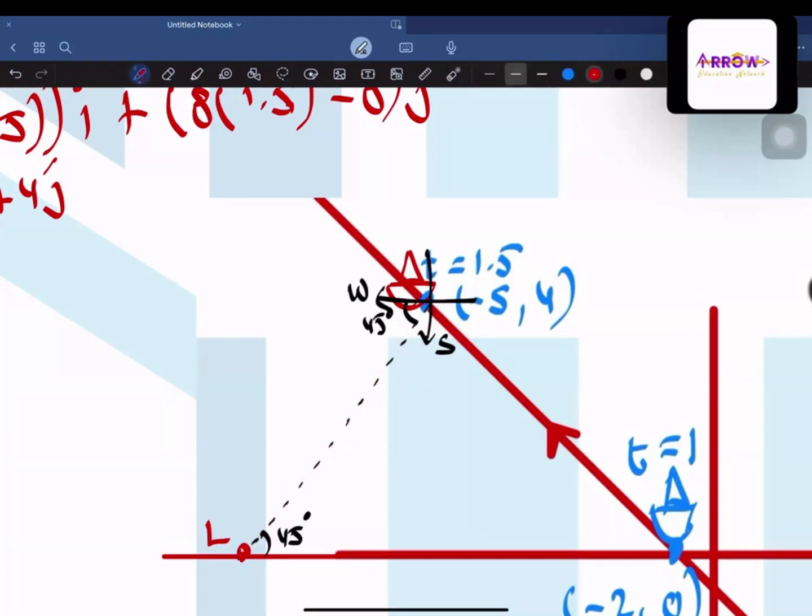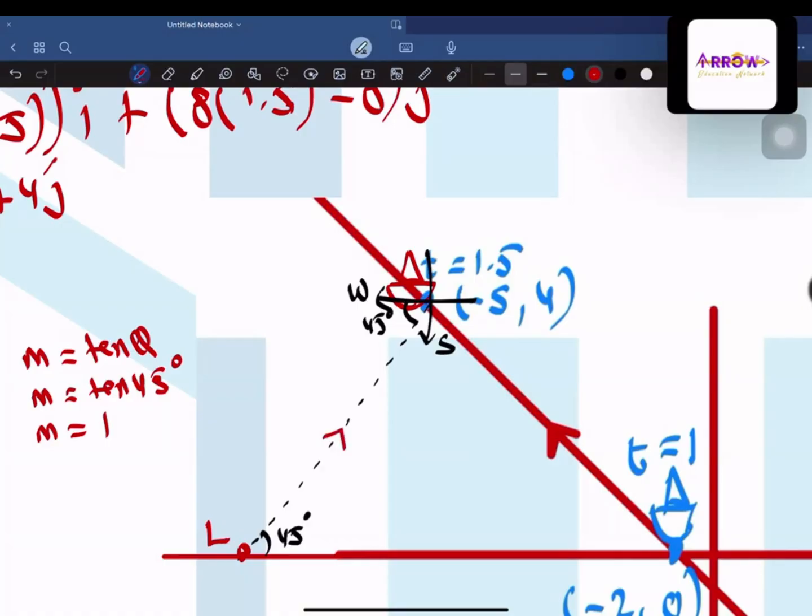And as we know, the connection between the gradient and the angle from the positive horizontal axis is: gradient m equals tan theta. So m equals tan 45 degrees. I've explained this concept in my previous video as well, so you can see that video if you are not clear with this concept. So the gradient of this upward sloping line will be 1.